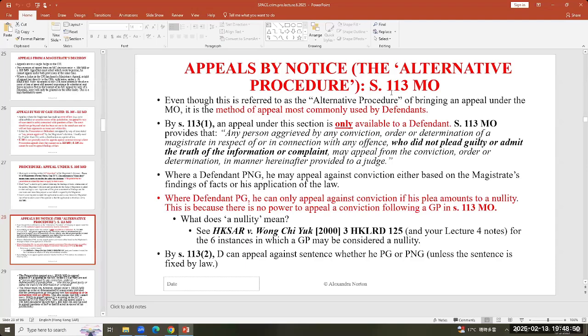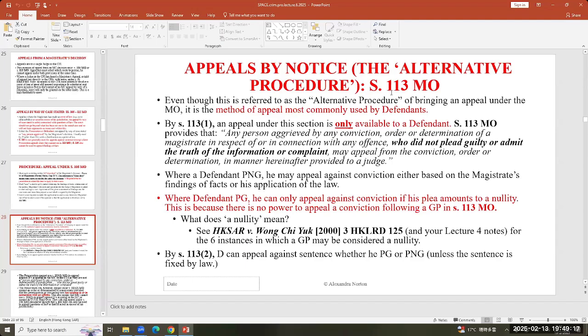And it doesn't apply to a defendant who pleaded guilty. So a defendant who pleads guilty in the magistrate's court cannot appeal under Section 113 MO, right? Because of that bit in brackets. What it means is that he has to seek to reverse or withdraw his guilty plea, right? By arguing that there was some kind of fundamental mistake of law or duress or something.